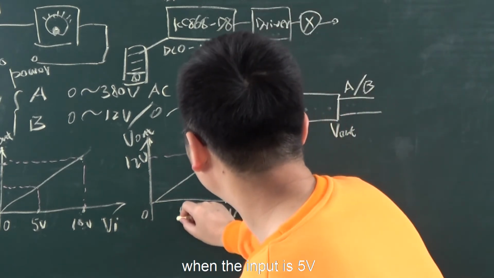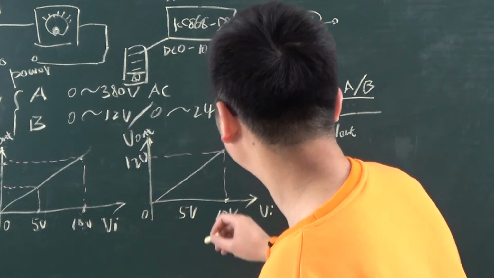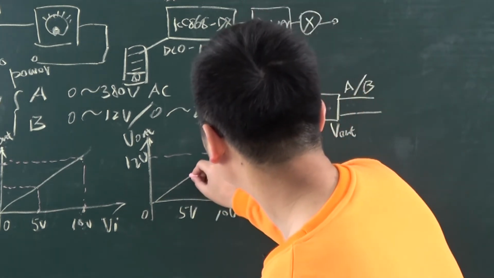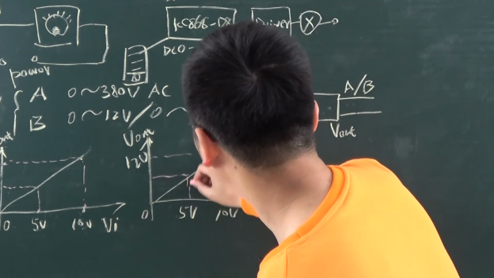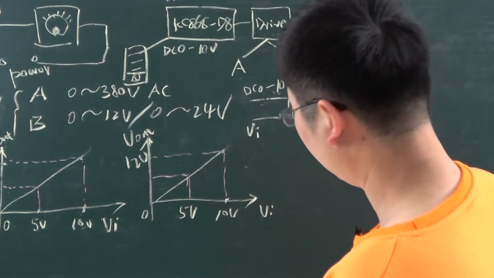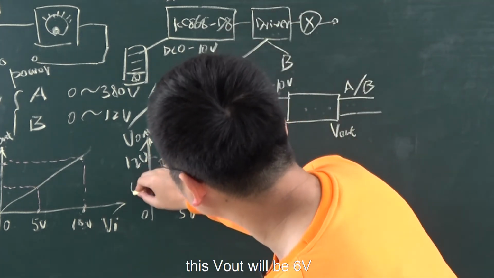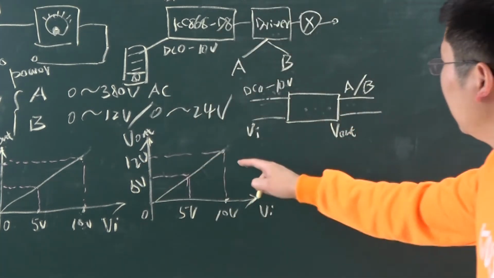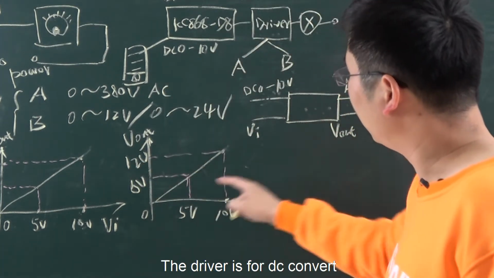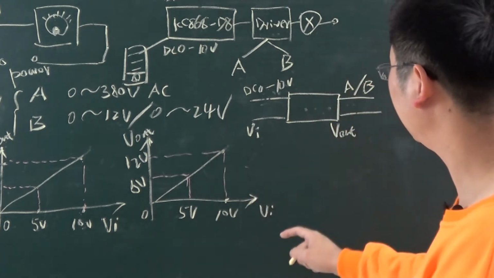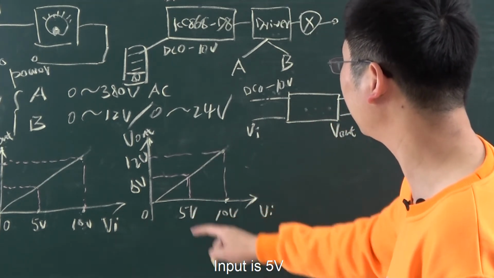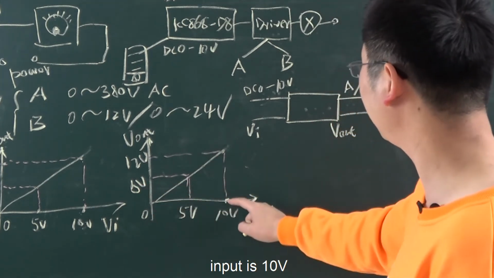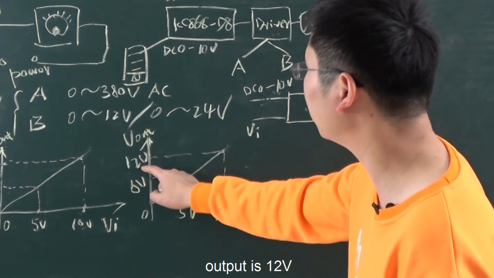So when the input is 5 voltage, the Vout will be 6 voltage. The driver is for DC conversion: input is 5, output is 6. Input is 10, output is 12.